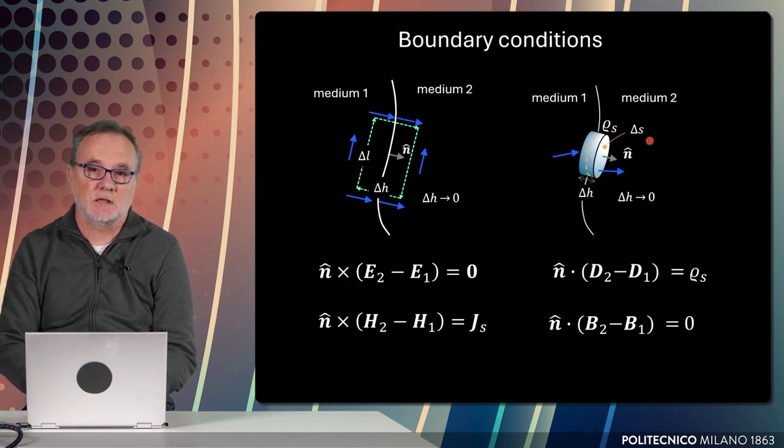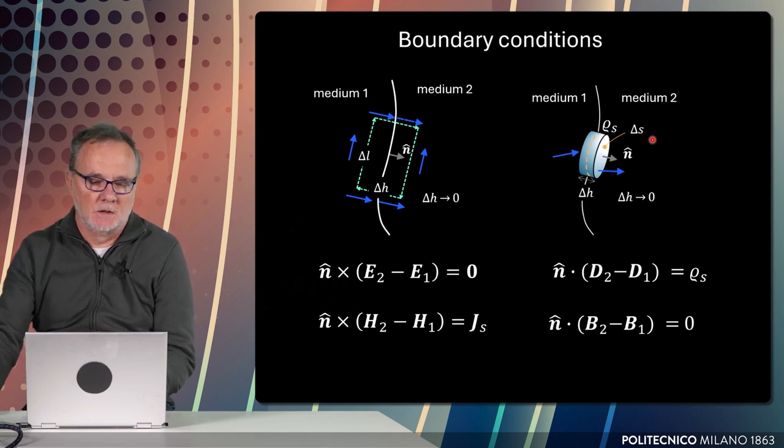As we did with electrostatics, these fields, when you are in presence of different materials, must obey some specific boundary conditions. And we could show that the boundary conditions are perfectly equivalent with what we already studied in the electrostatic and magnetostatic case.